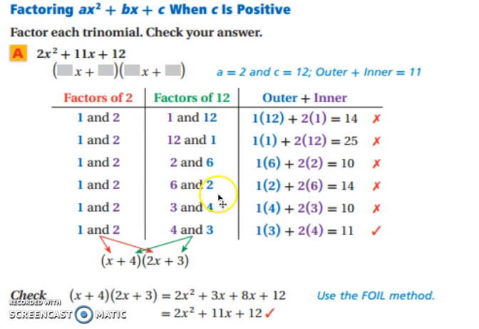And then our last term here, or factors of 12, are going to make up our last spot in our two binomials, so 4 and 3. You can always double check your work. When you do, you're going to multiply the first binomial by the second, and you should end up getting what you started with.